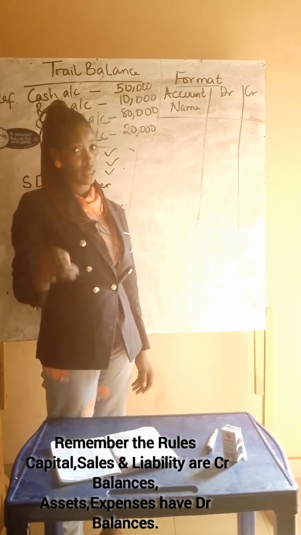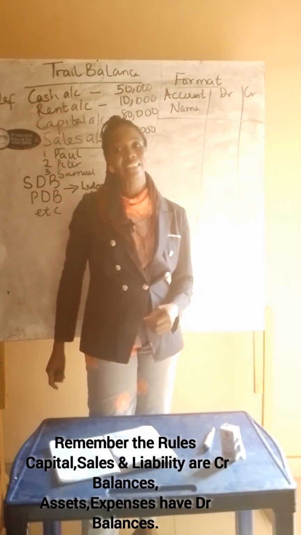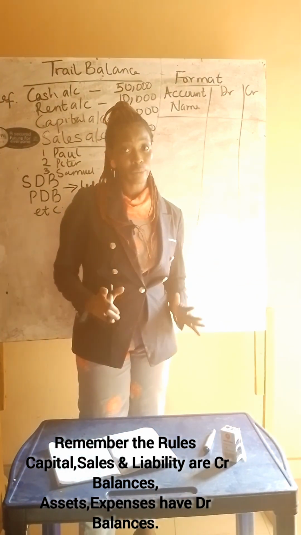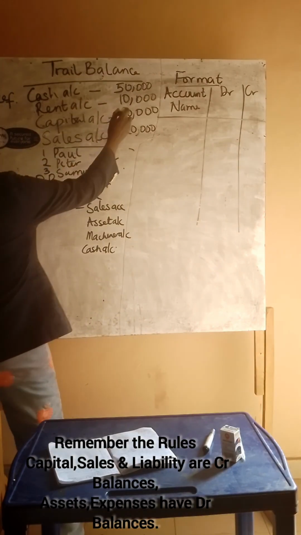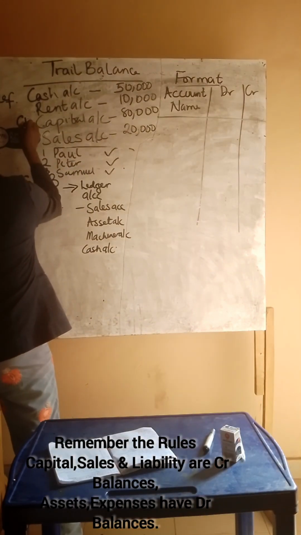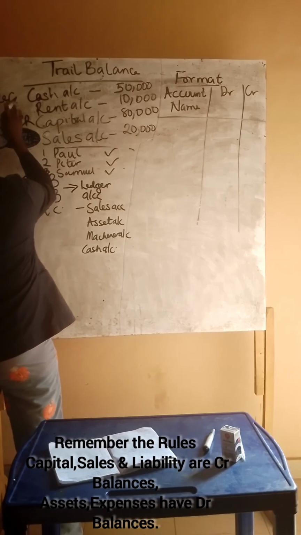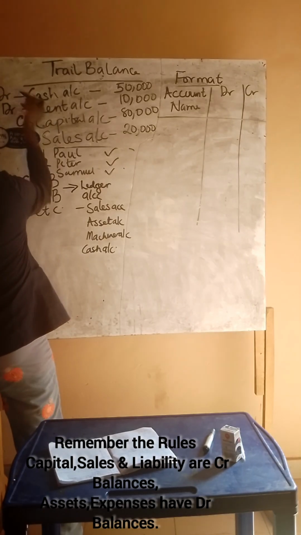Are we together? While for assets and expenses, the balancing figure will be on the debit side. That's what our rules say. So it means that capital is a credit balance, sales is a credit balance, rent is an expense, so it's a debit balance. Cash is an asset, so it is a debit balance.